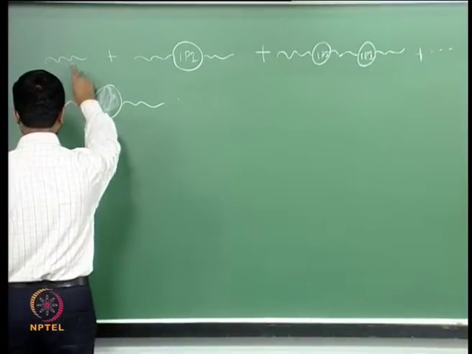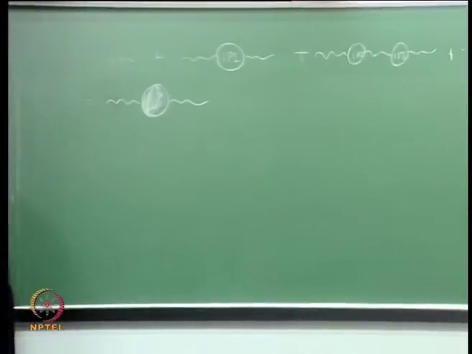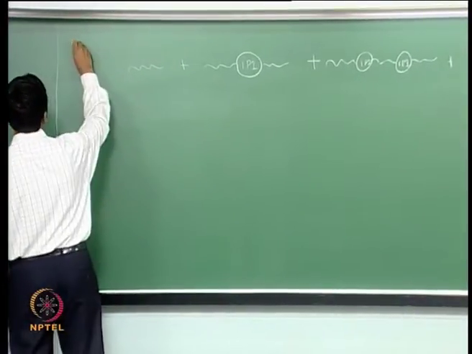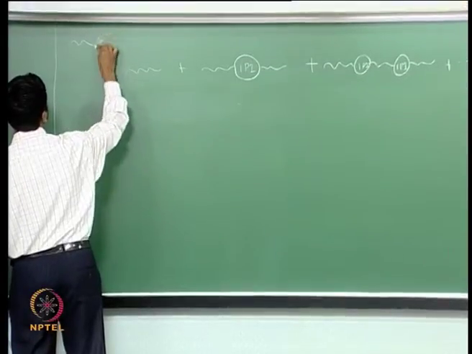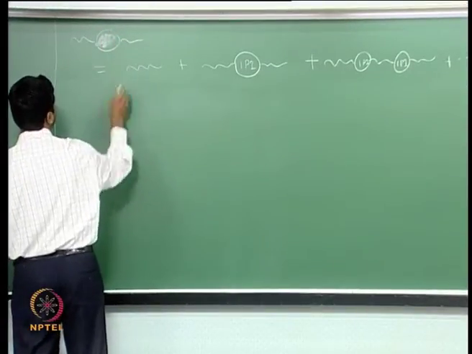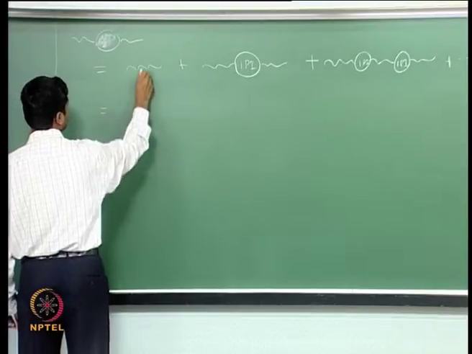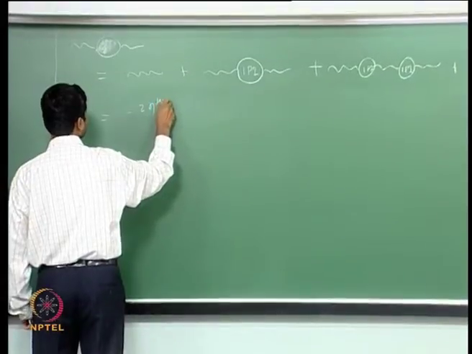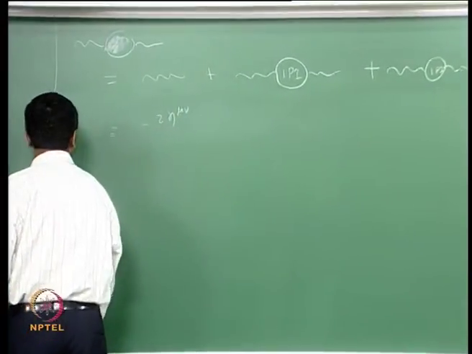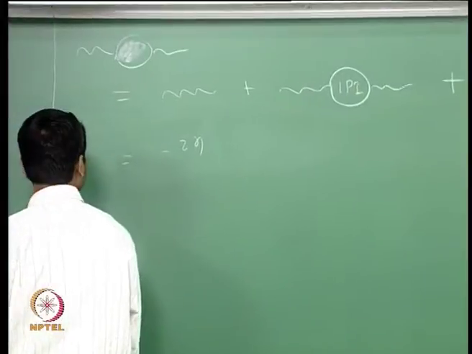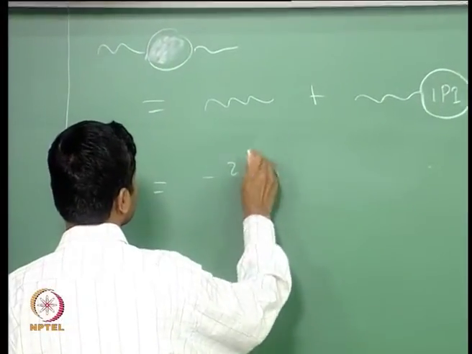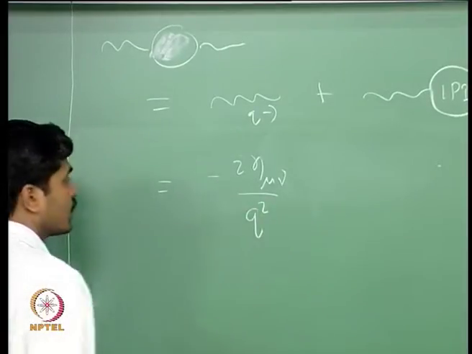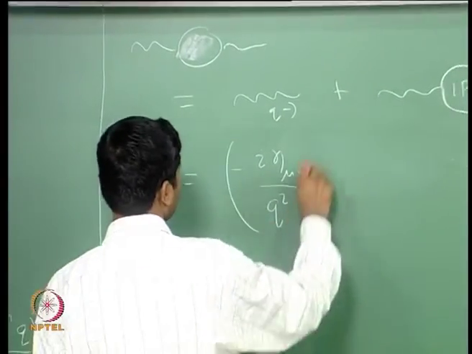So, the tree level term will give me minus i η_μν, where q is the momentum, so this will simply be over q². This is from this term.